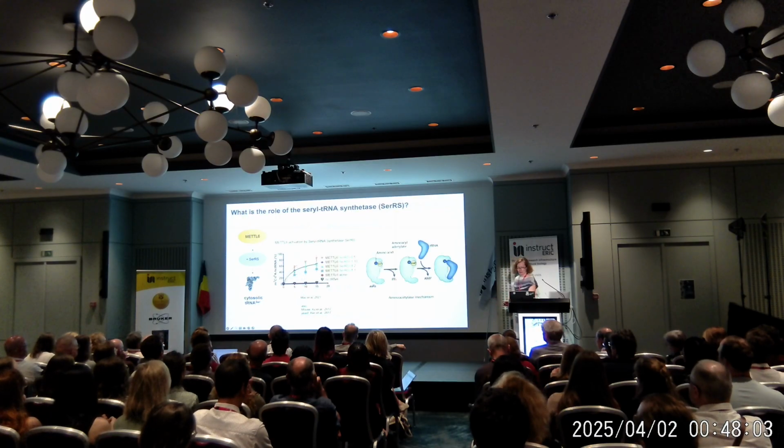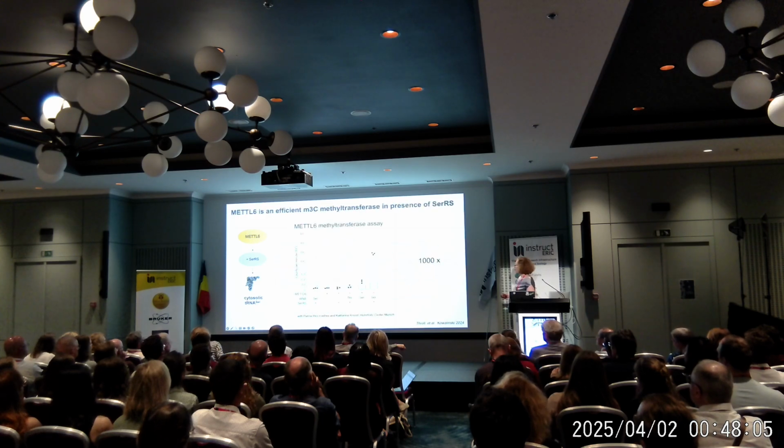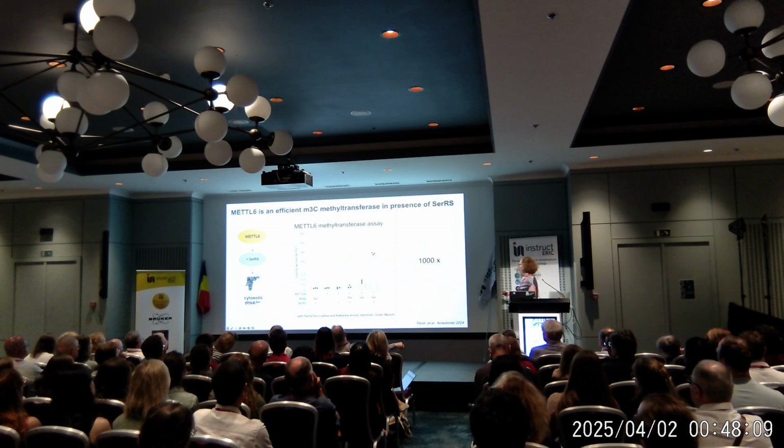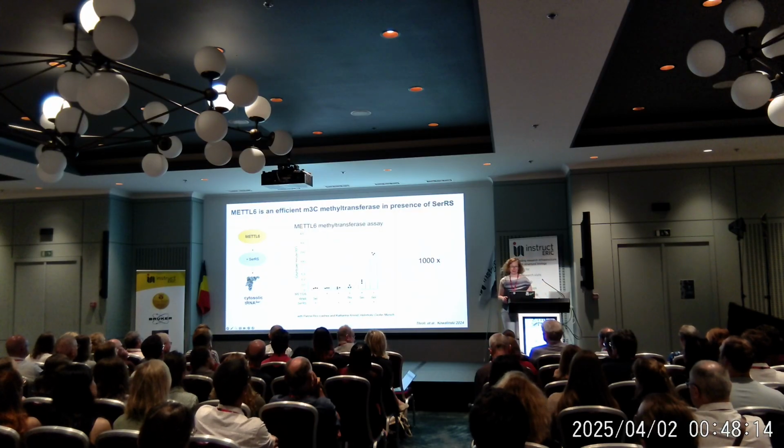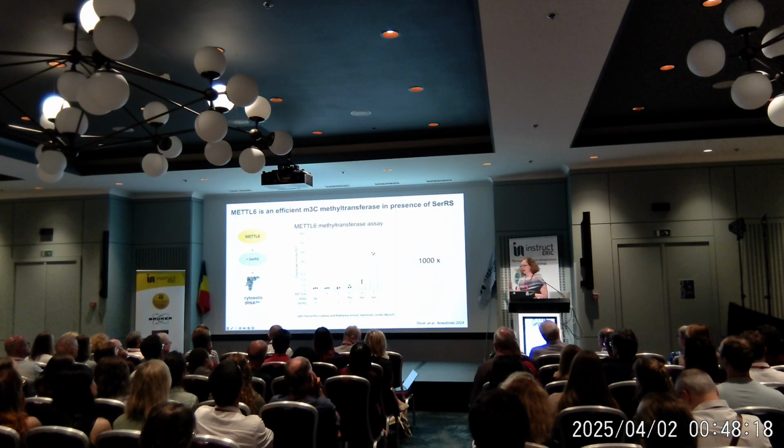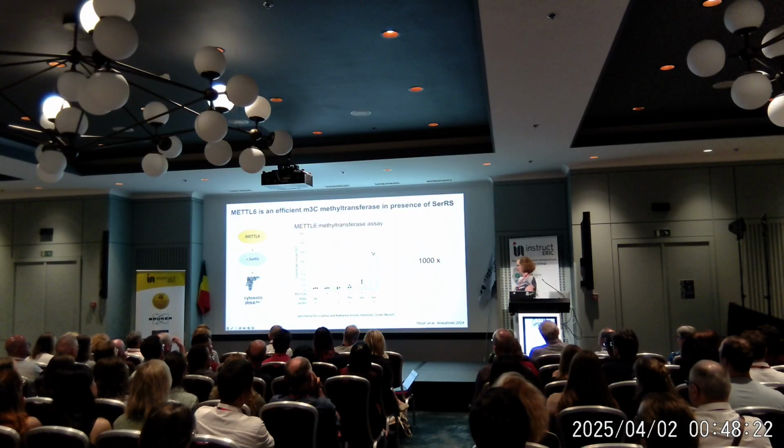But if we now add this SerRS enzyme to the reaction, we get a 1,000-fold increase of the activity. So probably the addition of SerRS really makes METTL6 active and makes the reaction go on.